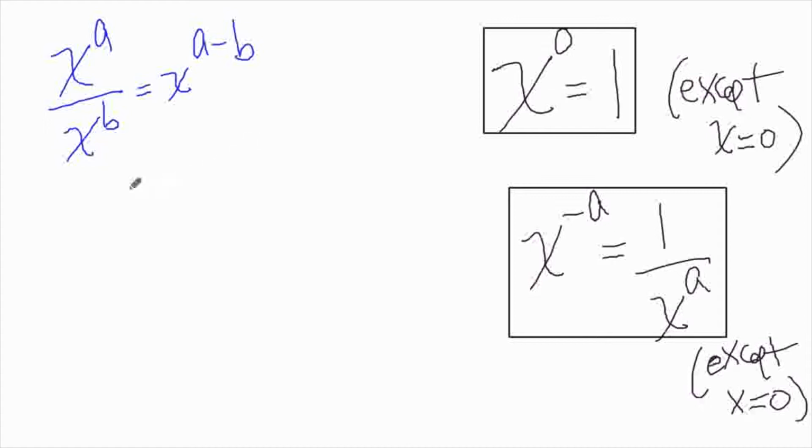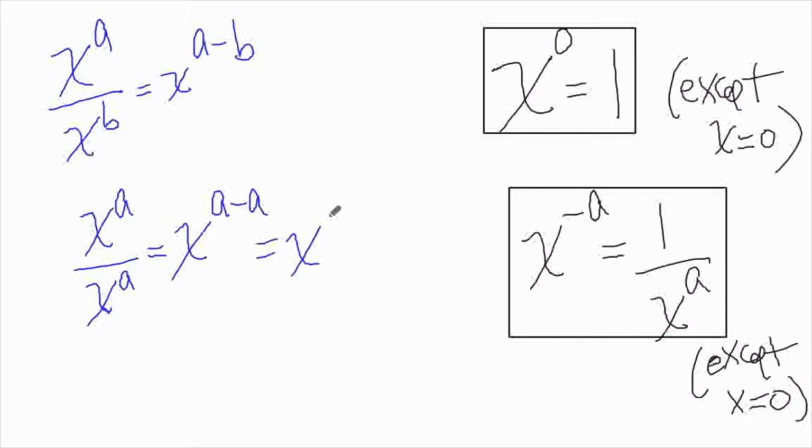Now imagine I had x to the a over x to the a. The quotient rule suggests that that's equal to x to the a minus a, which is x to the 0. We haven't defined a 0 exponent yet, but let's follow this train of thought.